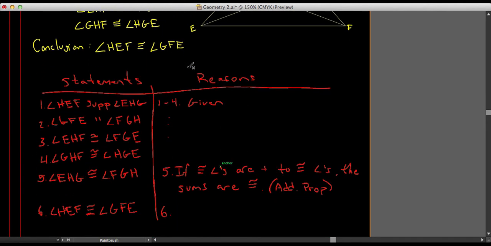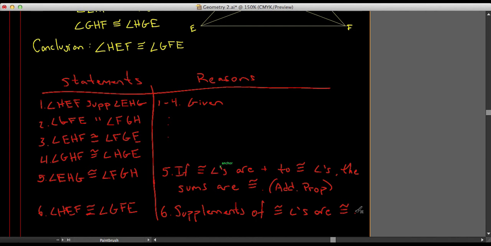The reason why we know that these two angles are congruent is because supplements of congruent angles are congruent.